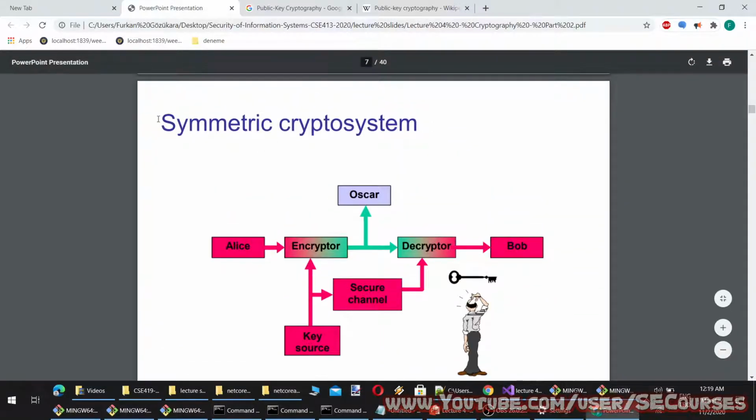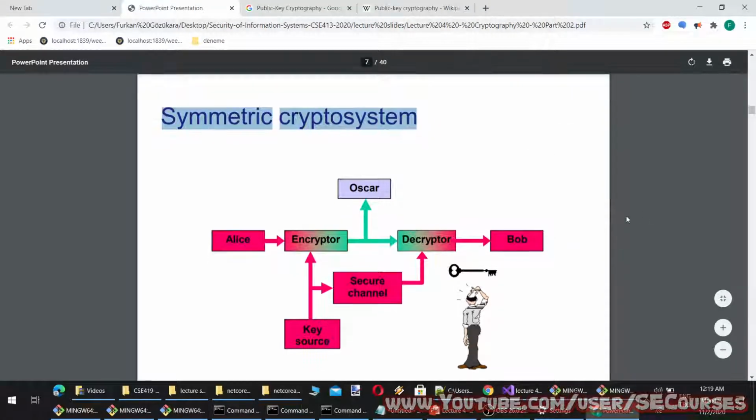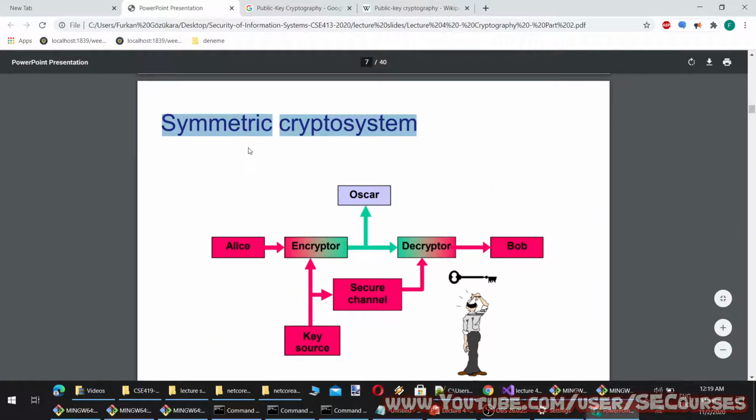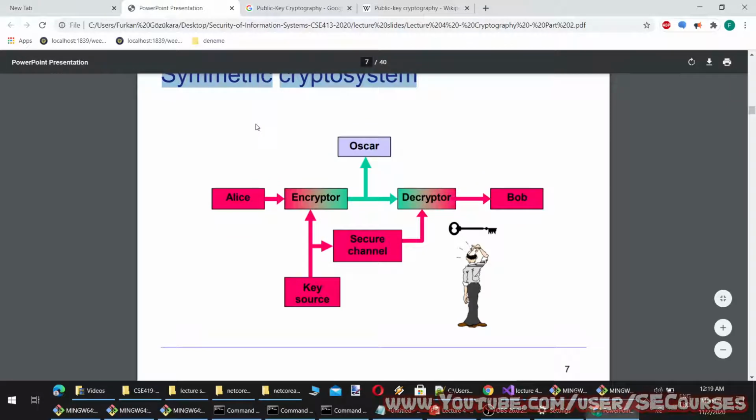So, the symmetric cryptosystem. What was the symmetric cryptosystem? In a symmetric cryptosystem, a single key is used to both encrypt and decrypt the file. So Alice sends a message, using a key source and encryptor, and encrypts the message, and then Bob uses the same key for decryption and gets the message.